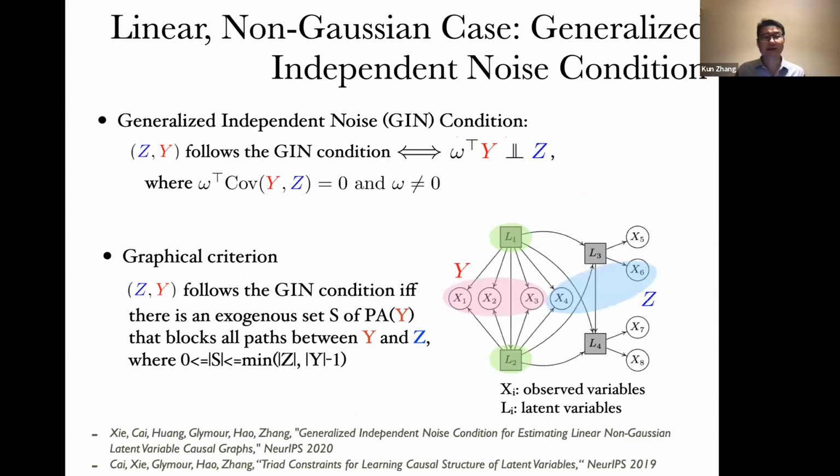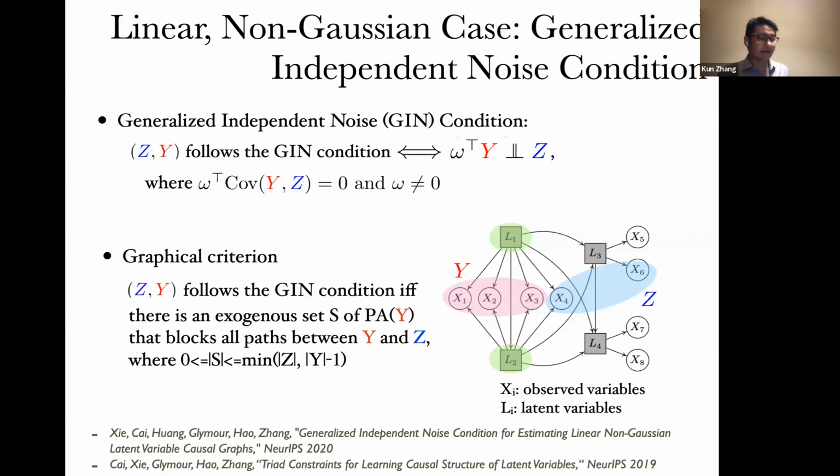We define the generalized independent noise condition, or GIN, right here. Basically, we say an ordered variable pair Z and Y follows the GIN condition if and only if there exists a non-zero linear combination of the Y variables that is independent from Z. Y and Z are two sets of measured variables.